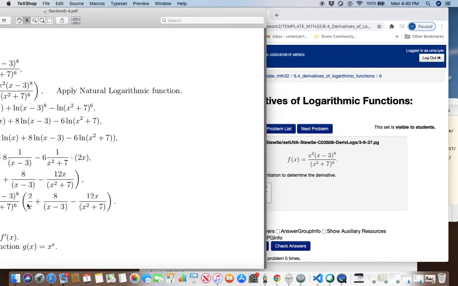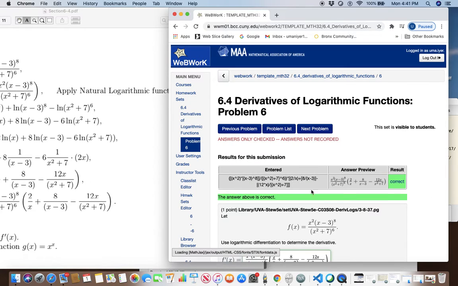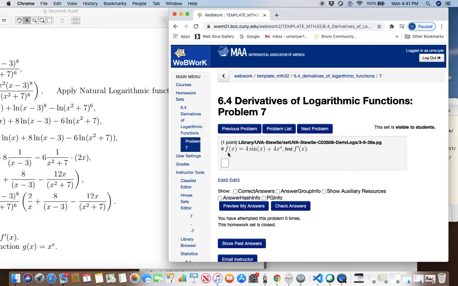And now we start with the other factor: 2 by x plus 8 by x minus 3 minus 12x by x squared plus 7, and close the opening parentheses here. Let's check. Fantastic.